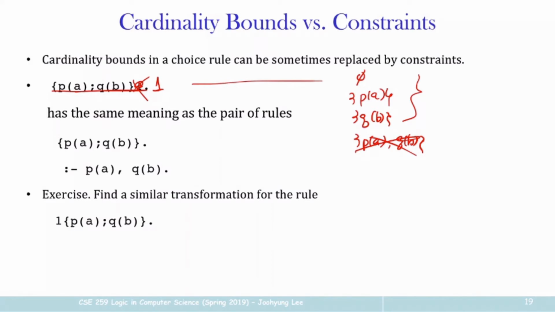Want to try? Welcome to do. Come here. So the idea is you have to choose at least one, right? Meaning that you're going to eliminate some of these stable models here. So I was thinking it would be kind of like the last slide, just not PA, not QB.